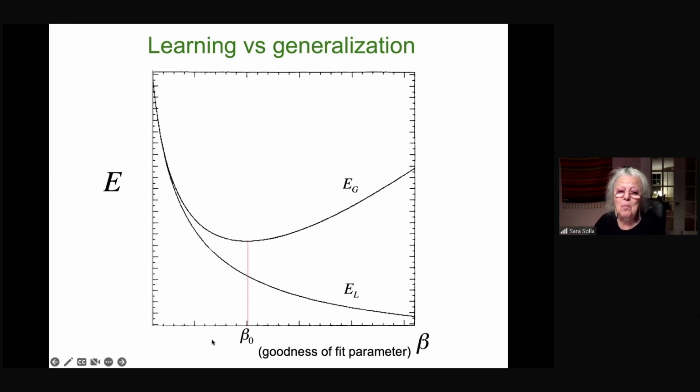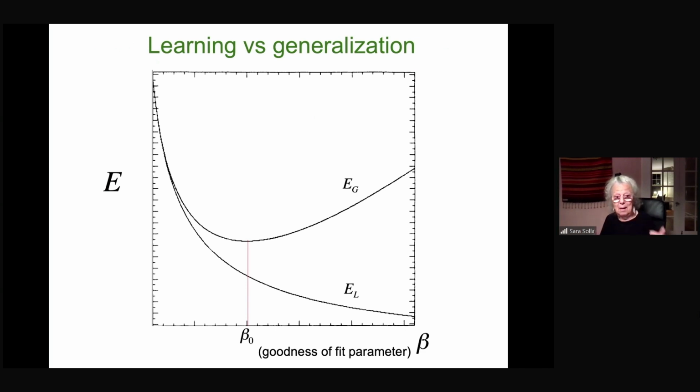So betas smaller than beta 0 means that we are being very tolerant of error. We're being so tolerant of error that we are being more benevolent than what is actually the error associated with the intrinsic fluctuations of the examples. Beta smaller than beta 0 means the examples are corrupted by noise.